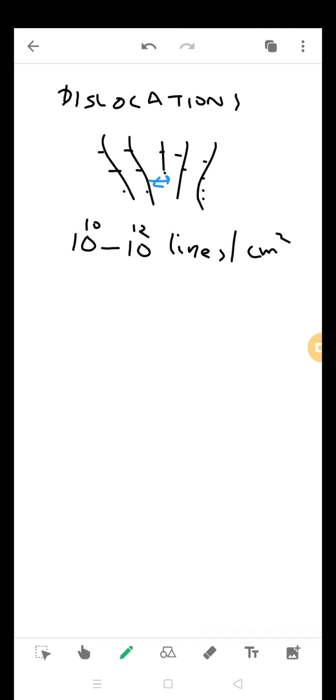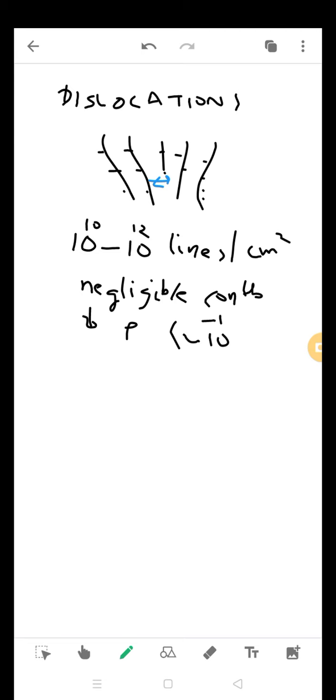Their contribution to resistivity is very negligible, of the order of 10 to the power minus 19 ohm centimeter per dislocation, which is a very negligible quantity.